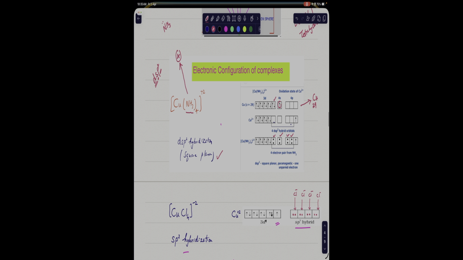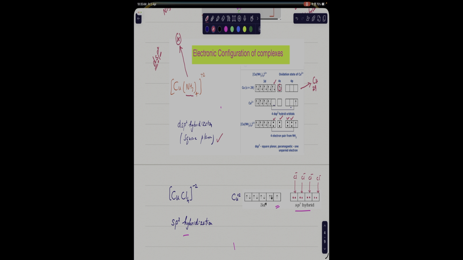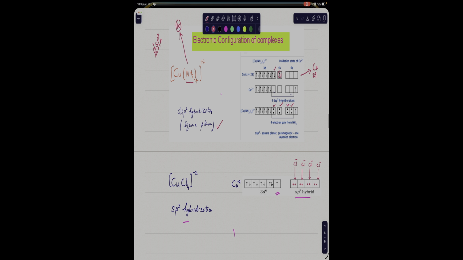Please have a look at this one. For copper 2 plus, when there are 4 chloro ligands, as you will be knowing, chloro ligands are highly electronegative ligands. The electronic configuration will be 3d9, like I told you for the one above, but the electron in the last orbit we are not going to promote. This electron has to be kept in the same orbital.